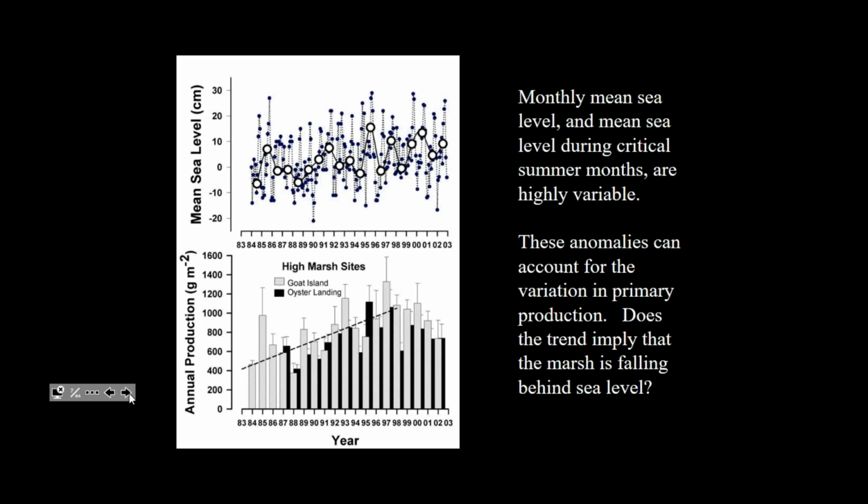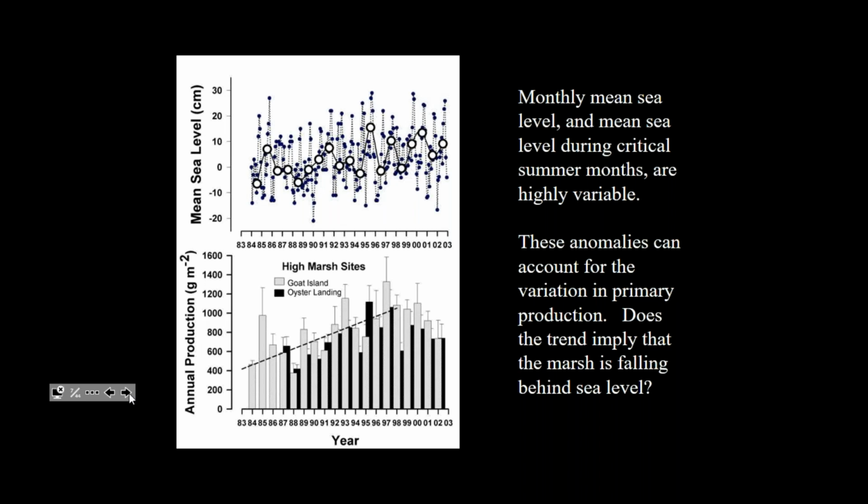So these dots are the monthly means, and so you can see the annual cycle. And the growth of the plants turned out to be correlated positively with the summer sea level. High sea level, high productivity. And so I was motivated to keep doing this.